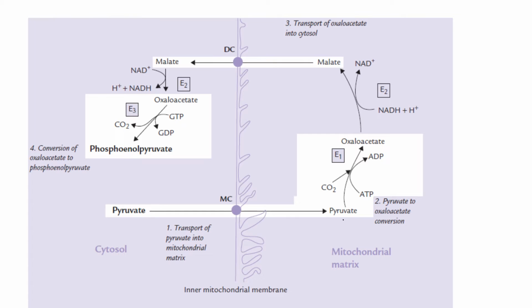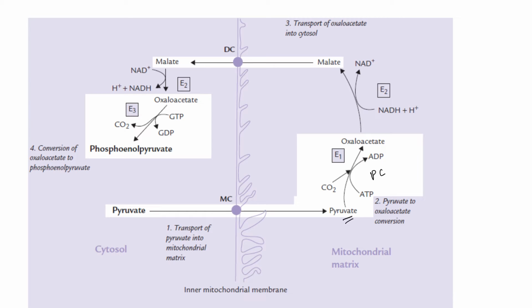In the next reaction, pyruvate is converted to oxaloacetate by the enzyme pyruvate carboxylase. This is a biotin-dependent enzyme, carbon dioxide is needed for this reaction, and a molecule of ATP is required. ATP is converted to ADP.